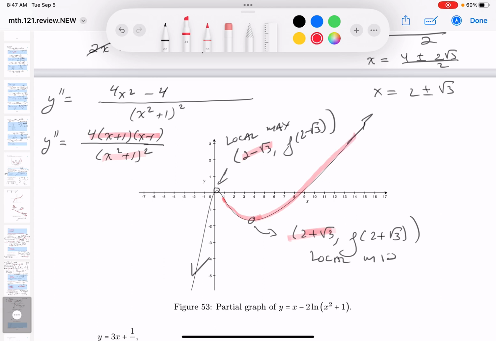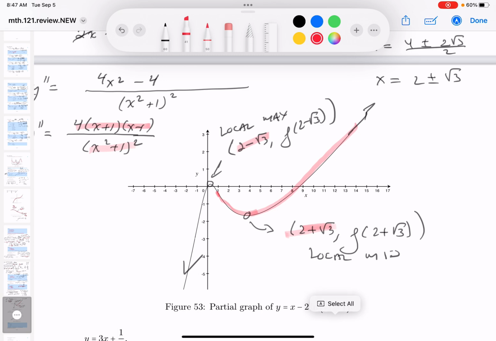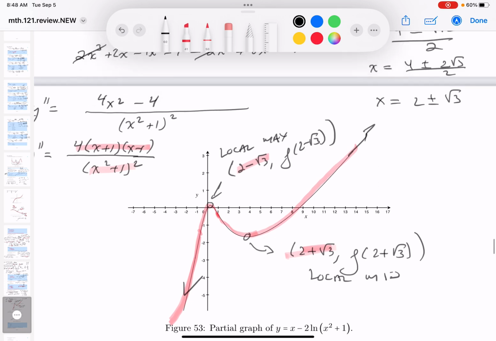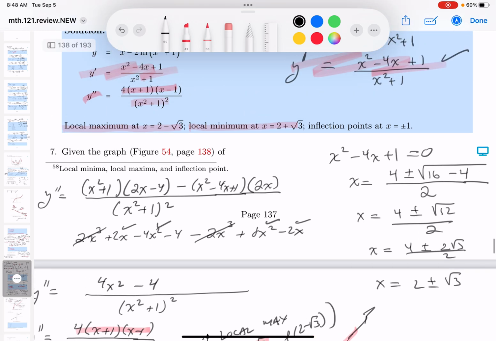Which is really hard to detect, by the way, I'll be honest with you, looking at it. But this is concave down, and then what happens here, although it's really hard to detect, this thing's going to be concave up, all right? I'm kind of exaggerating it there. So I'm saying there's 2 points of inflection at plus or minus 1. Really tough to see from the graph, by the way. But again, my analysis led to that, all right? So at plus or minus 1 are where the points of inflection are. Thank you.